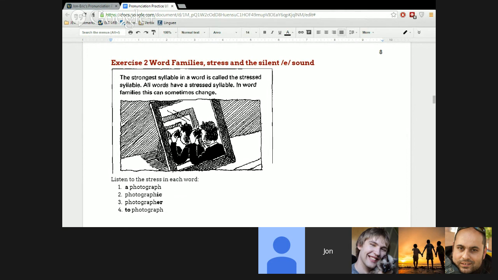Photographic. You've got to be a little more clear in the syllables. So listen to me and then repeat. Listen to me. 1, photograph. Repeat. Photograph. Good. 2, photographic. Repeat. Photographic. Both. Photograph, photographic.